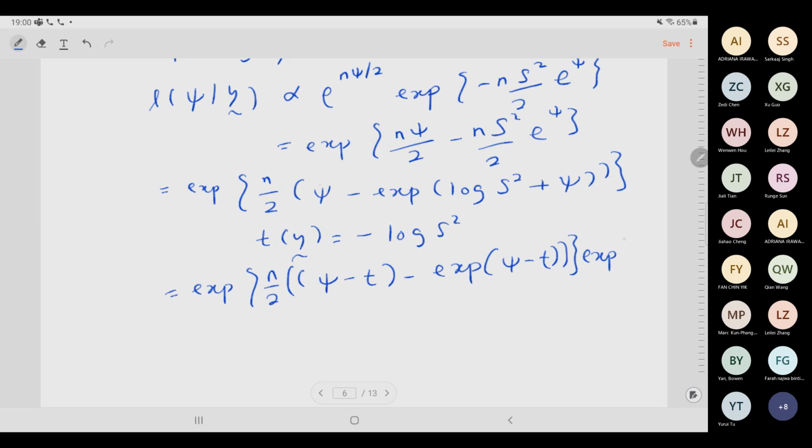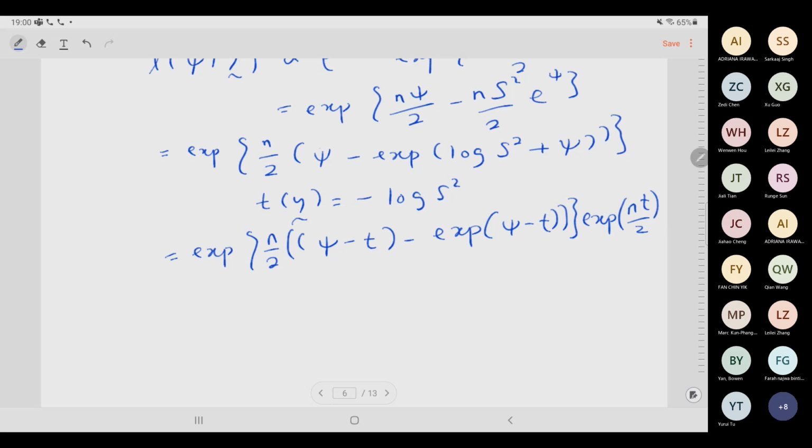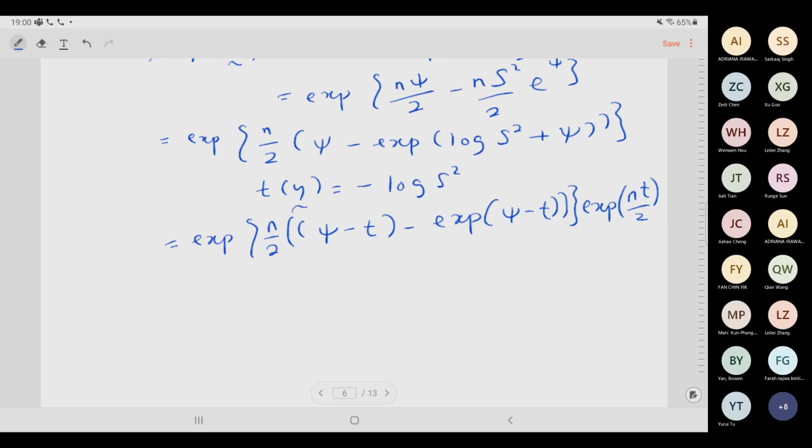This is a technique, because you want to show that it is data translated. Remember, for data translated, the function must be g of theta, or in this case eta. It must be eta minus t, where t is your sufficient statistic.